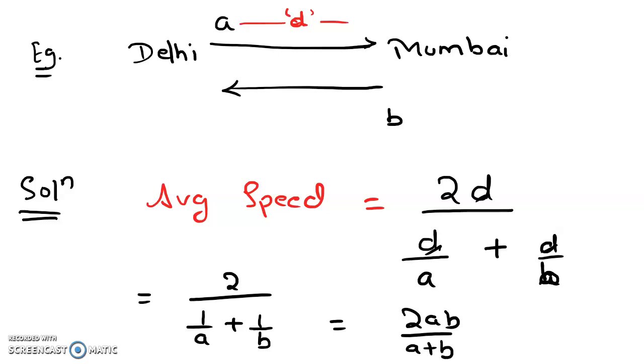This is the formula. If two speeds are given and distance is constant, as in Delhi to Mumbai, the average speed is not just a plus b divided by 2. It is twice of ab divided by a plus b. You have to use that in that problem. A was 60 and b was 80.